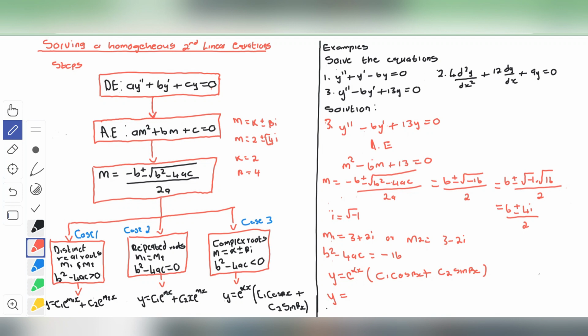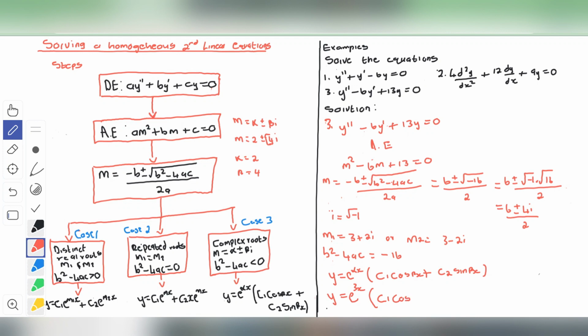So let's now replace these values. We have e. What is our alpha here? We can see that our alpha is 3. It's going to be e to the 3x into C1 cosine of, what is our beta?